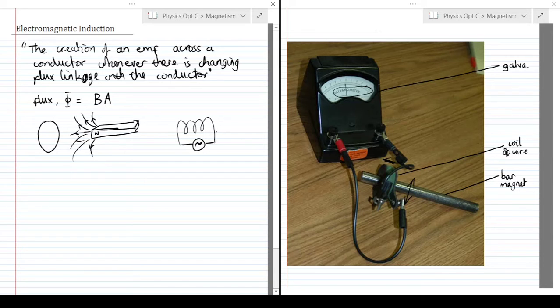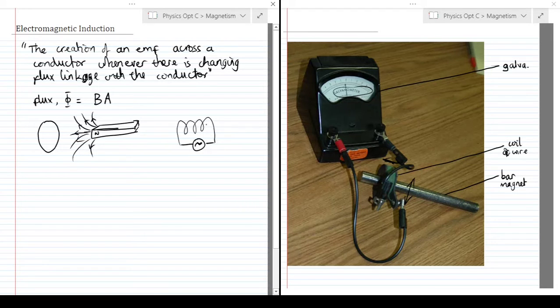You would probably want to put the coil inside of the solenoid because the flux density of the solenoid is greatest inside of it, and the computation, mu naught Ni that we learned before, is for inside the solenoid, not the outside. In that case, the coil and solenoid are not moving with respect to each other, but what is changing is the flux density, so the flux linkage will change with time.